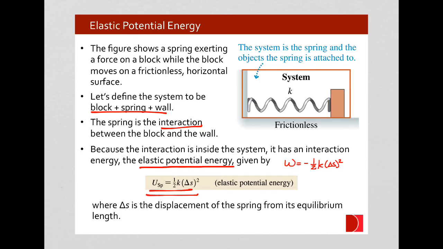And we approximate it as U sub S, for spring potential energy or elastic potential energy, is 1/2 k times the displacement squared. The spring always has an amount of energy based on how far it is stretched or compressed from its equilibrium position, and we can include that just like we can include the force of gravity in our gravitational potential energy calculations.